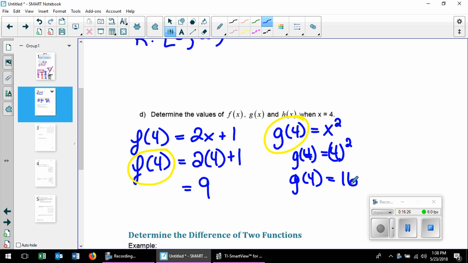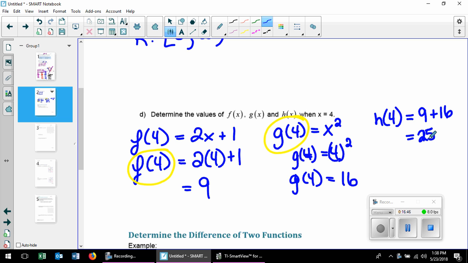Now, what did I say about the table of values you could do? Add. So I could do it one of two ways. Add. Ooh, 25. There we go.